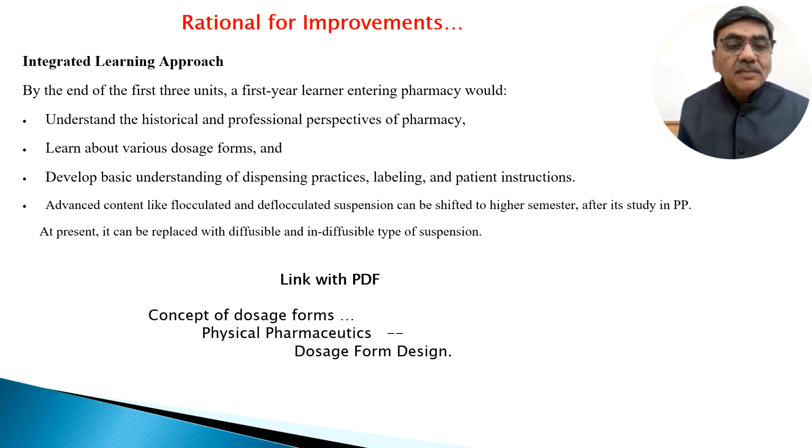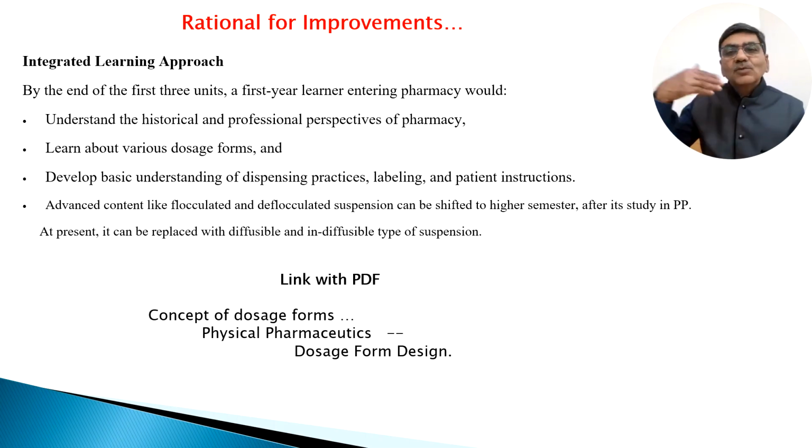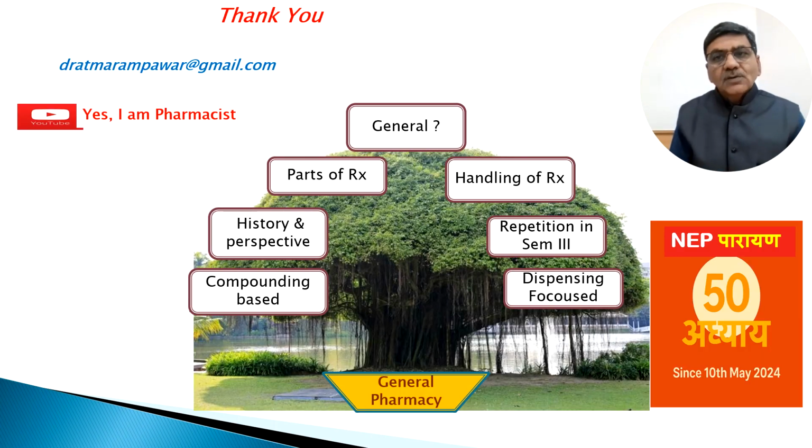So, what is my aim? The concept of dosage form that we are studying in the first year will be linked with physical pharmacy, physical pharmaceutics. Then there is the pharmaceutical dosage form design. Likewise, the sequence or the link will be maintained. Therefore, I'm suggesting this. What is my concept? Instead of compounding-based general pharmacy, make dispensing-focused modern dispensing pharmacy.